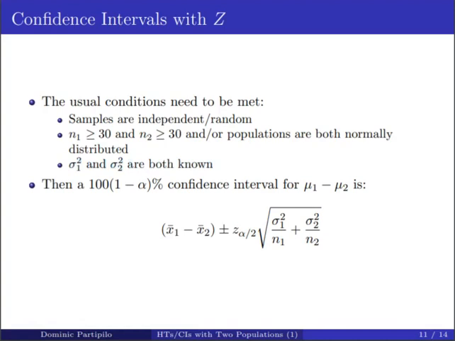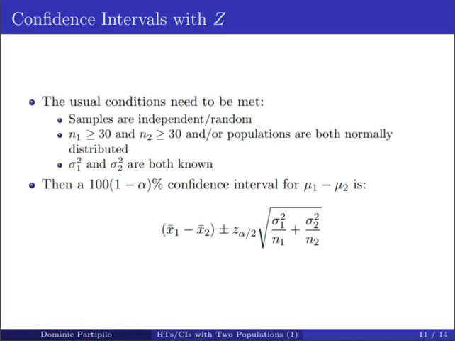And then in this case, a 100 times 1 minus alpha percent confidence interval for the difference in the two population means is going to look something like this. And again, this is the same kind of concept that we had before. This is our point estimate. So our best estimate of the difference between two means is going to be just the difference in the sample means.